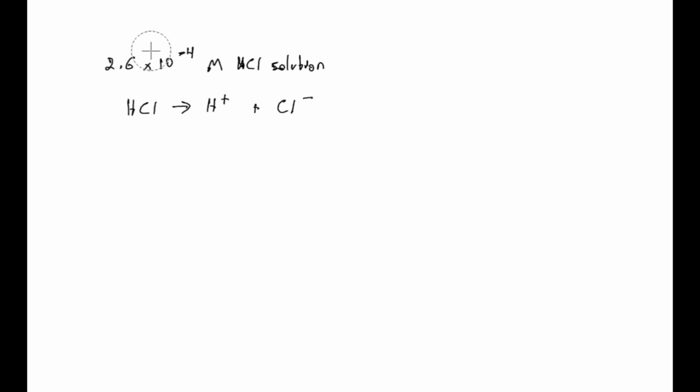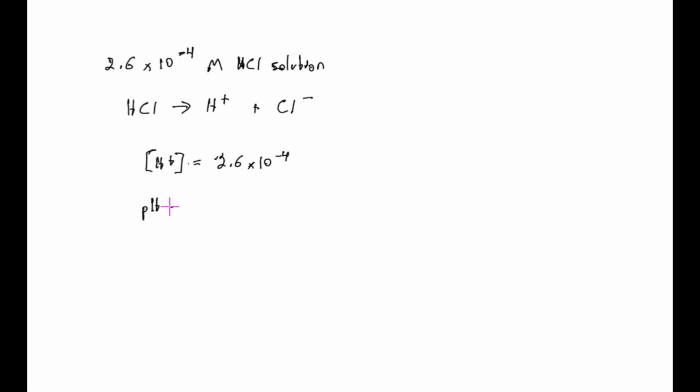If we dissolve 2.6 times 10 to the negative 4 moles per liter of it, then you can see one molecule of HCl gives us one hydrogen ion and one chloride ion. So we should expect that the concentration of H plus in the resulting solution is 2.6 times 10 to the negative 4. And we should be able from that to calculate the pH of this solution.